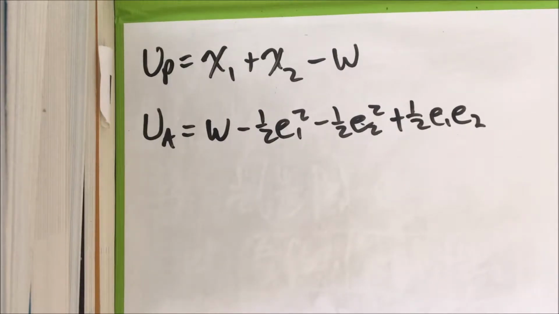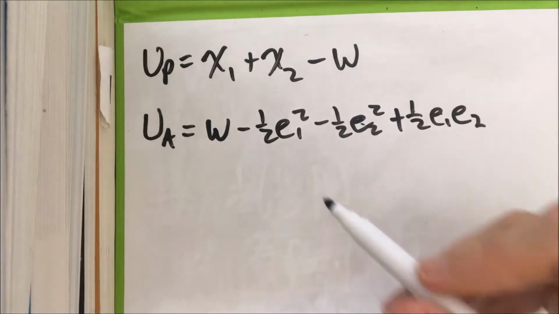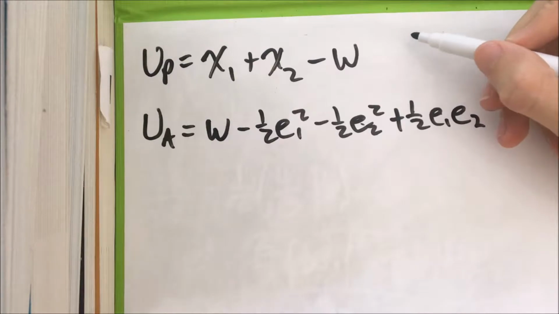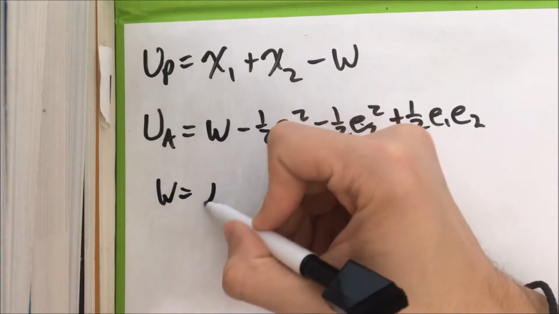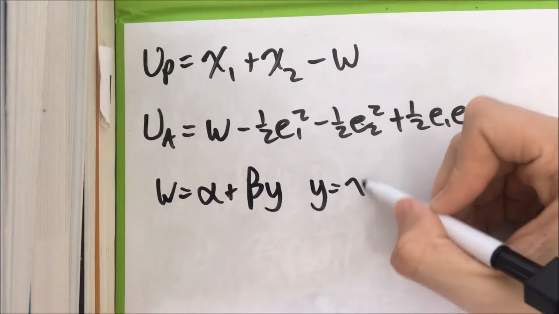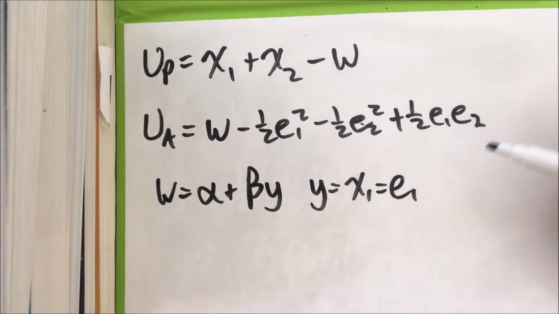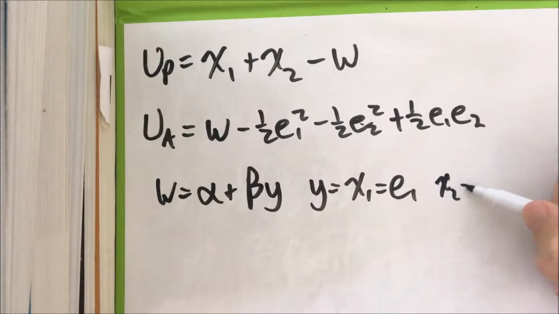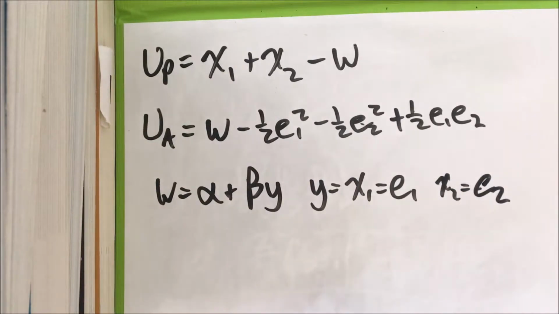All right, so let me write the wage down as well. Alpha plus beta y, where y equals x1, which equals e1, and x2 equals e2. I'm just going to write that too.